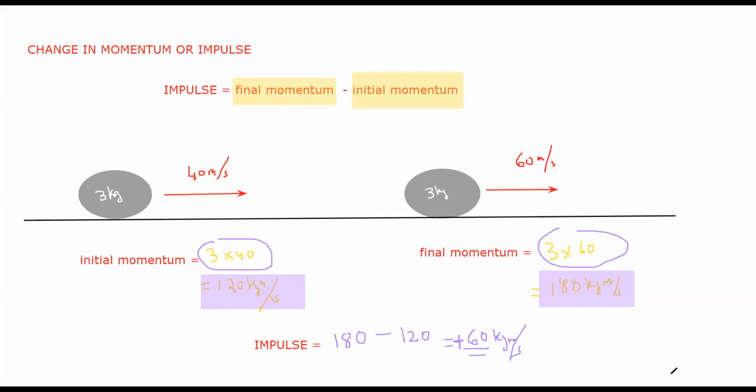For example, sometimes the object rebounds or bounces back. So if the object bounces back, say this is the ground, an object is dropped above the ground and it was moving with a speed of 10 meter per second. The mass of the object is 2 kilograms.